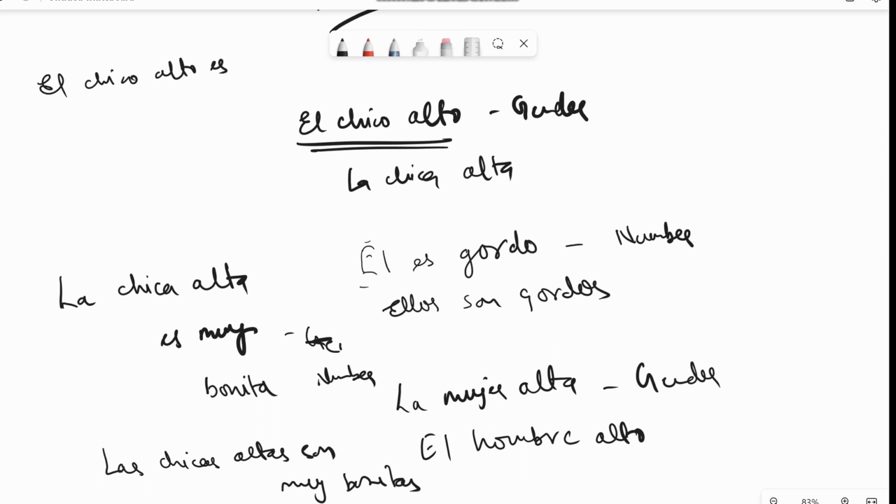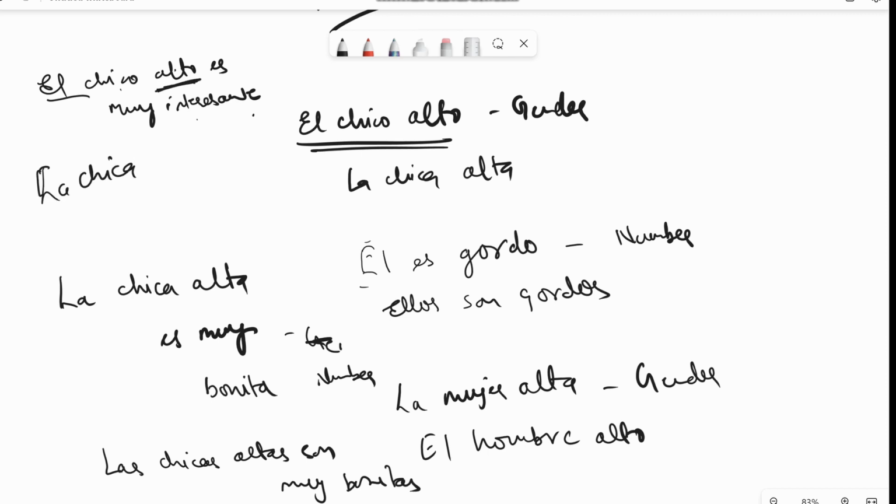If I gave you this sentence, el chico alto es muy interesante. Now, if I asked you to change the gender of this sentence, in that case, so what does this mean? The tall boy is very interesting. Now you have to change it into the tall girl is very interesting. So the noun would change first of all, la chica, it will become.